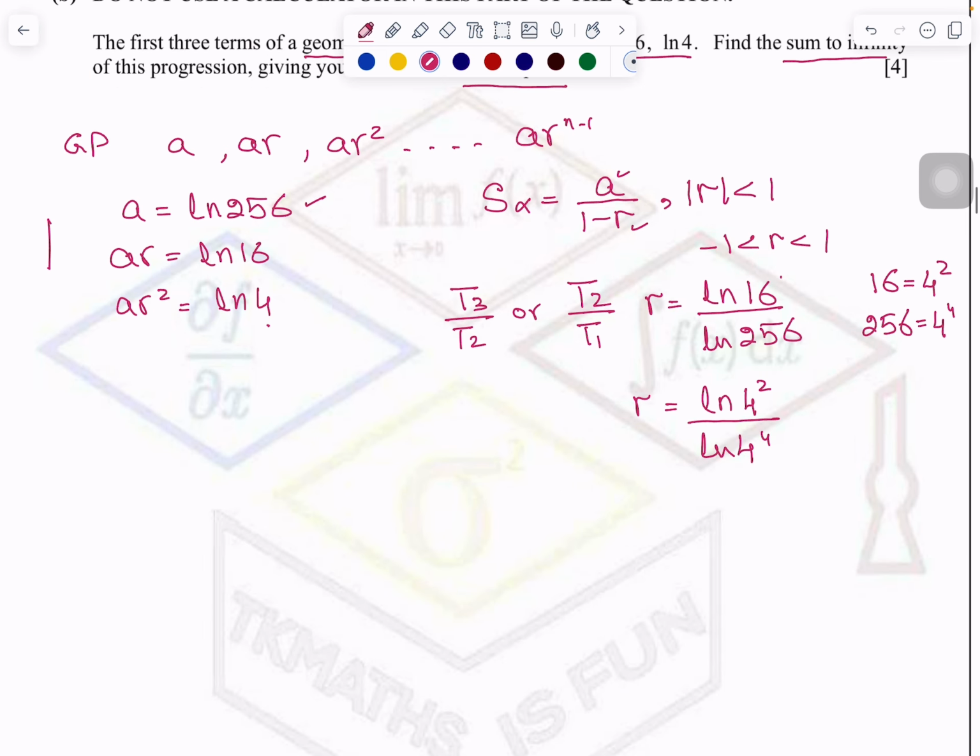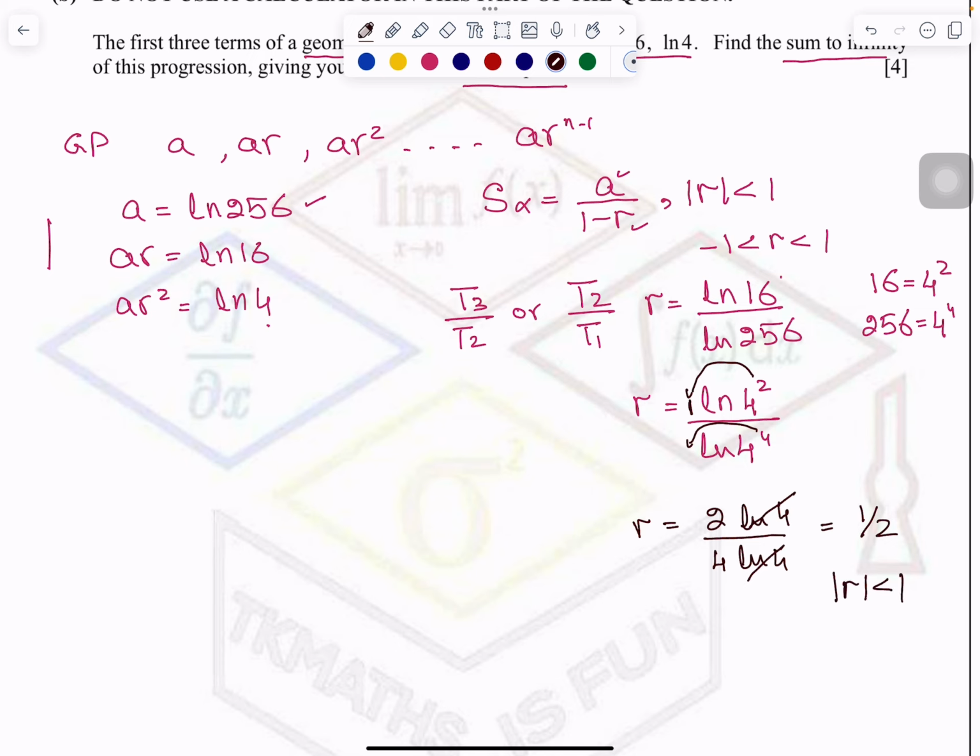The rule which I have showed you in the first question. Power will become the multiplier. So this 2 will come here and multiply by 1, so 2. Similarly, this power will come and multiply, so it is 4. So now this can cancel out and you will have 1 over 2. 1 over 2 very much satisfies this condition.